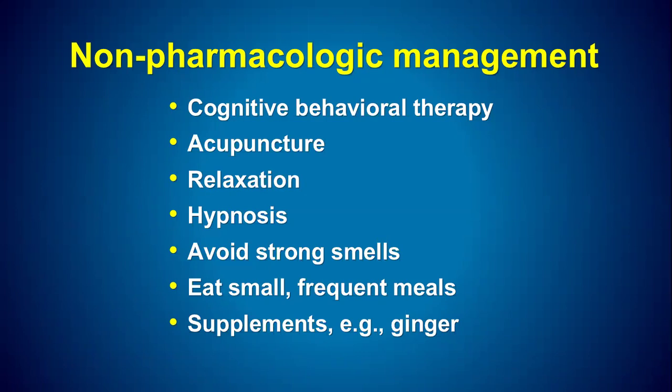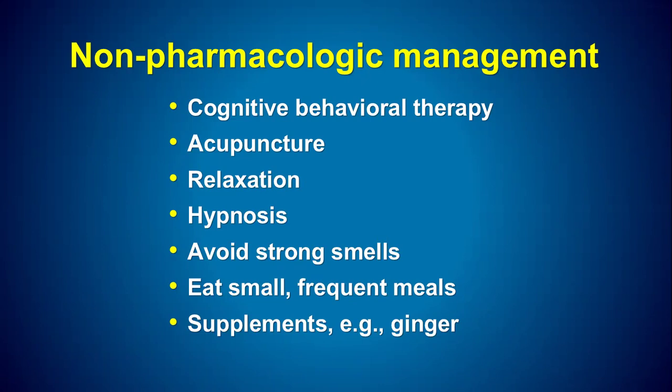Like they just start puking their guts out 1 or 2 days before the said chemotherapy session. That is because they know that once they have been given the chemotherapy agent, they are going to vomit. So the brain sort of develops this thinking process that okay, I'm going to start vomiting right now. So certain measures like relaxation, hypnosis, and cognitive behavioral therapy would help in that.